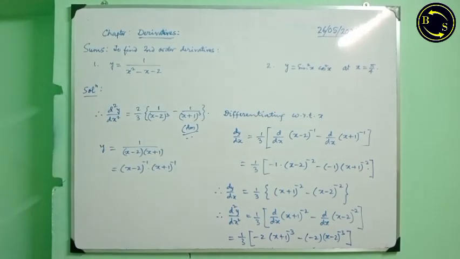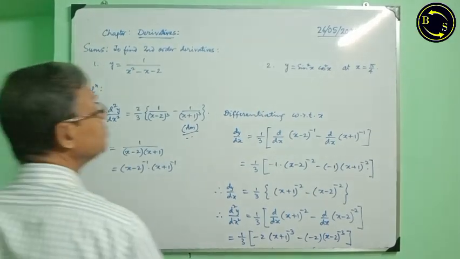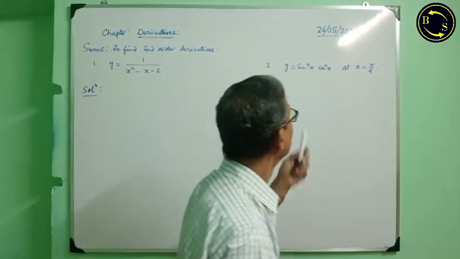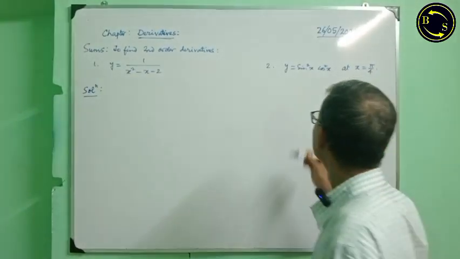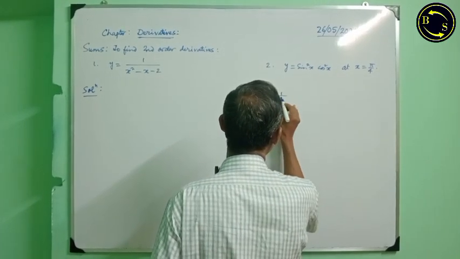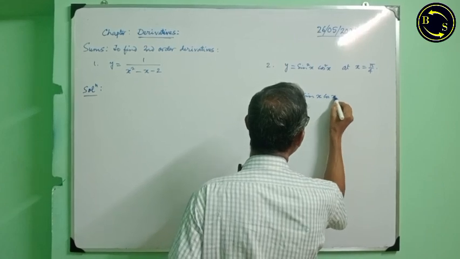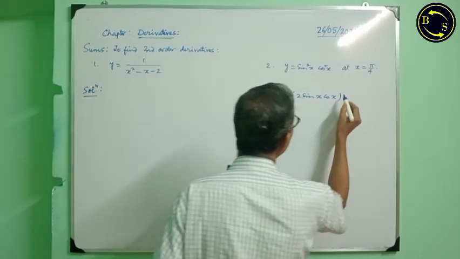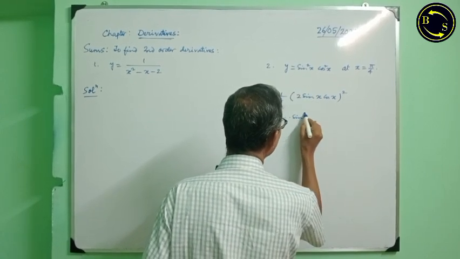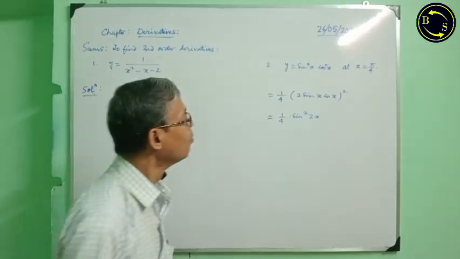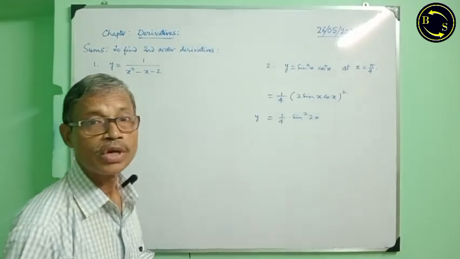Next, second sum, y equal to sin square x cos square x, a trigonometric function, using the concept of multiple angle form. This will be y is equal to 1 by 4 into sin square 2x.